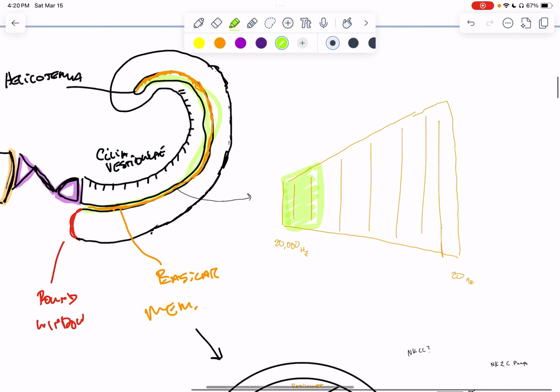Over time, those high frequencies will just get worn out. They won't be as responsive to those high frequencies. So when you see somebody with hearing loss, especially normal hearing loss that happens over old age, it's because those fibers have been slowly worn out over time and are not as responsive to those high frequencies.